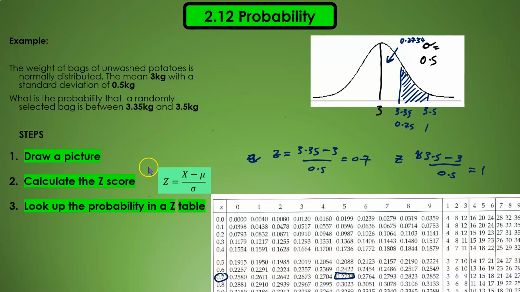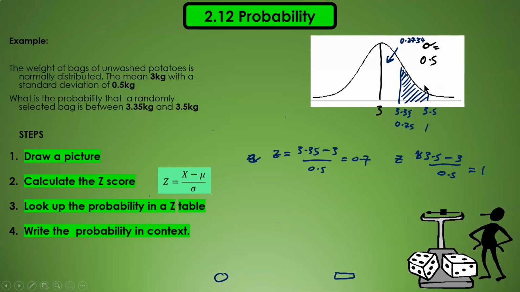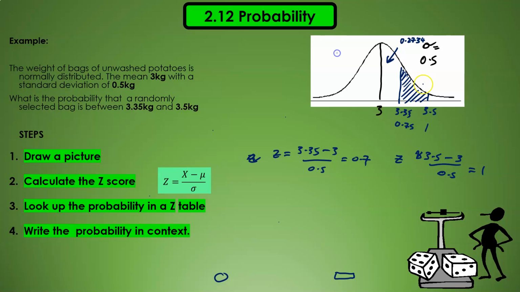And it's not shown on the table there, but the one is 0.3413. So how do we work it out? Remember that this 0.3413 covers all the way from the Z of 0 to this median line.